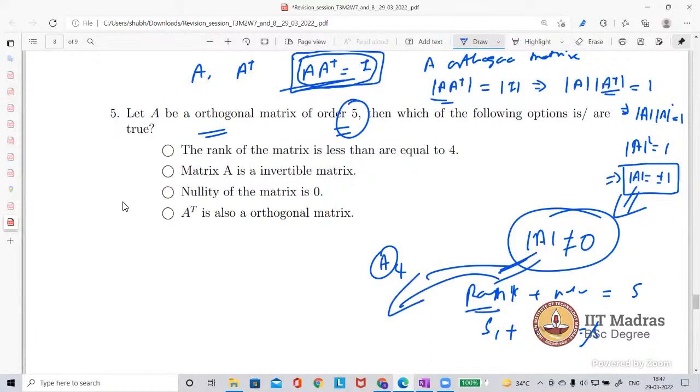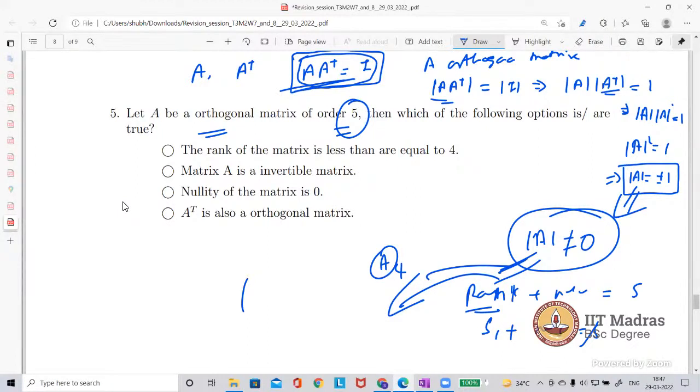Say the rank is 5. It means all the columns and all the rows are linearly independent. Why? Because if the rank were 4, then 2 rows would be dependent. But here the rank is 5, so all rows and columns are independent.